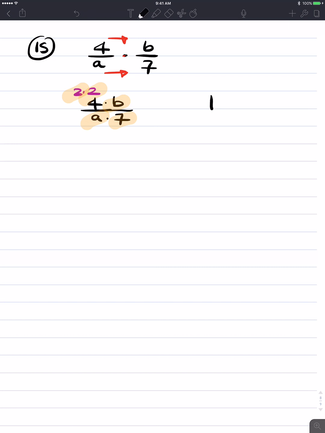Final answer is going to be 4b/7a, just to say that we could have written the denominator here as a times 7, but in algebra we typically write this kind of information with the number before the letter. So you should see 4b divided by 7a.